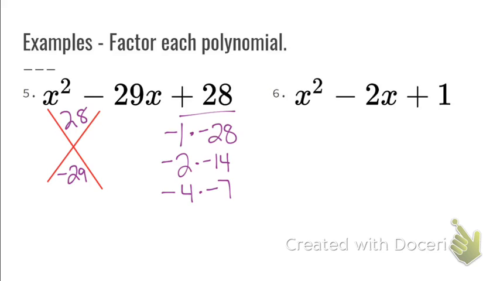Okay, which one is going to add up to a negative 29? That would be negative 1 and negative 28. So x minus 1 times x minus 28.